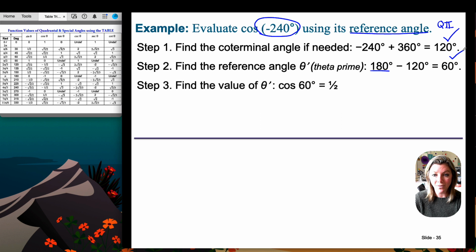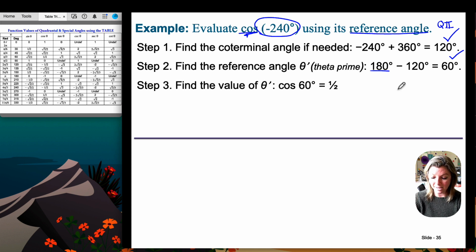Step number 3, we're going to find the value of theta prime. We were asked to look at cosine. So cosine of 60 degrees, or cosine of theta prime, is equivalent to 1/2. We can see that from the table that we have to reference right here, function values of quadrantal and special angles. Cosine of 60 degrees is 1/2.